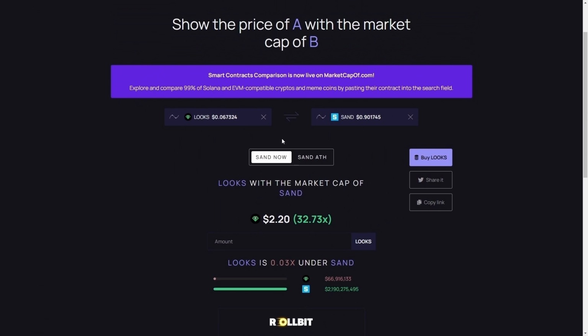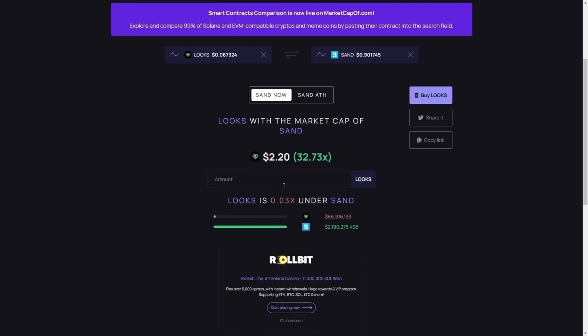But just knowing market cap wise, a lot is possible. So why would 20 cents not be possible if they're in the same categories? Both are in the NFT category we saw on CoinGecko. So why would it not be possible for LOOKS to have a run up as Cent just had its run up in that category? So there is some money in that category. Why would it not be possible?